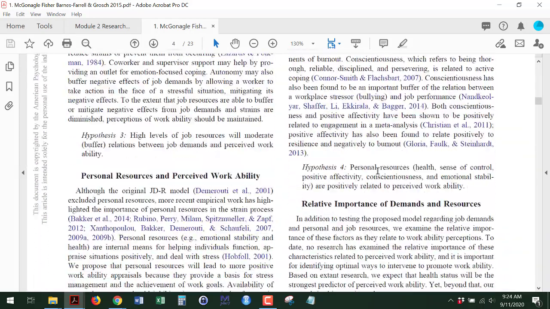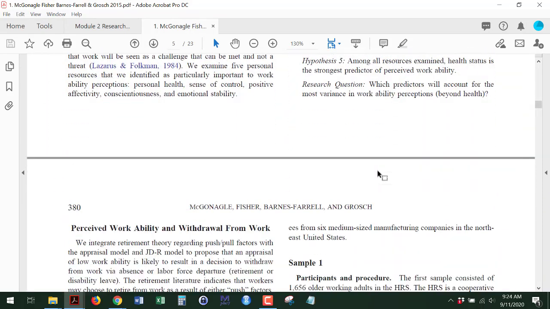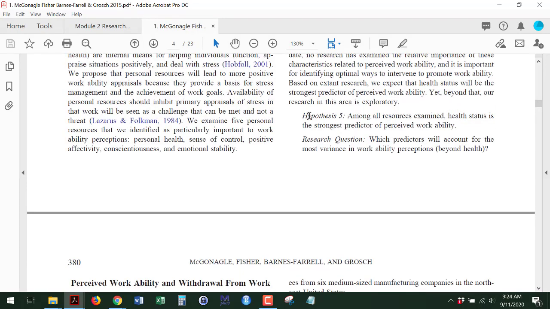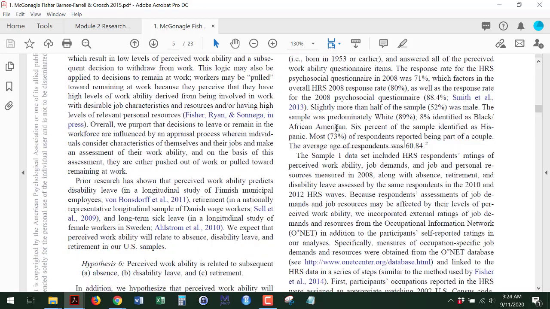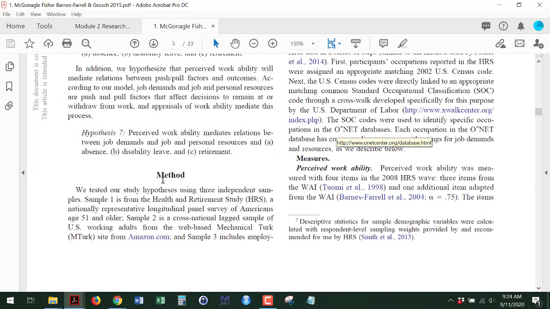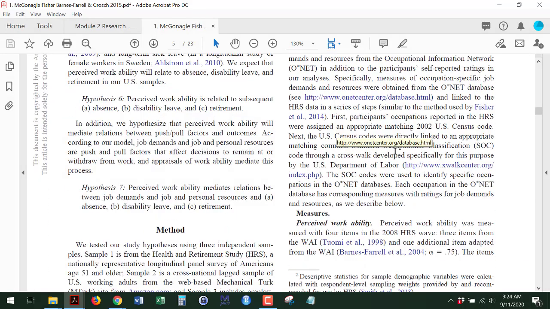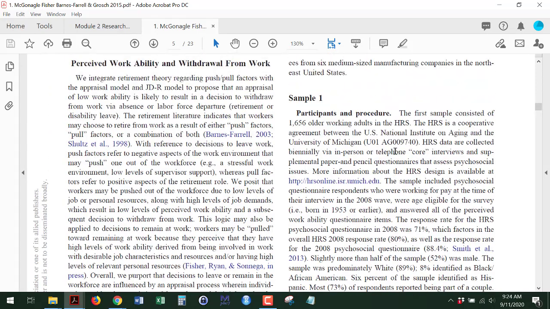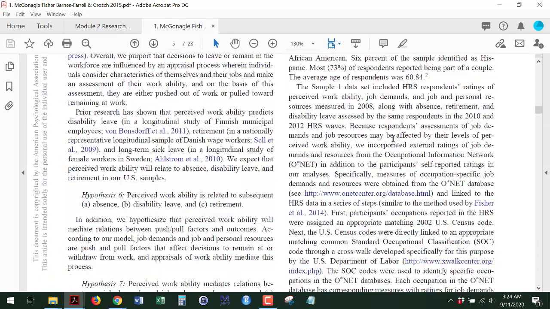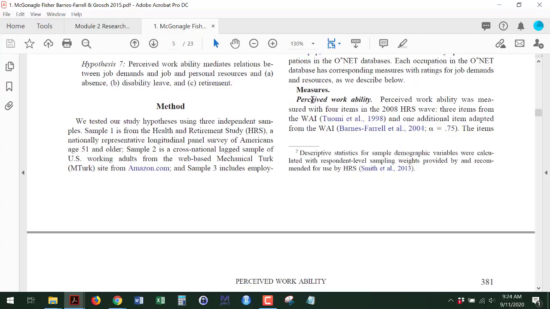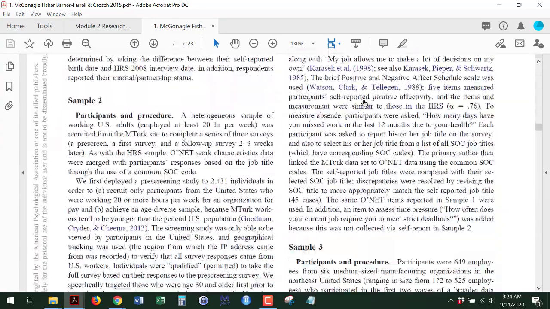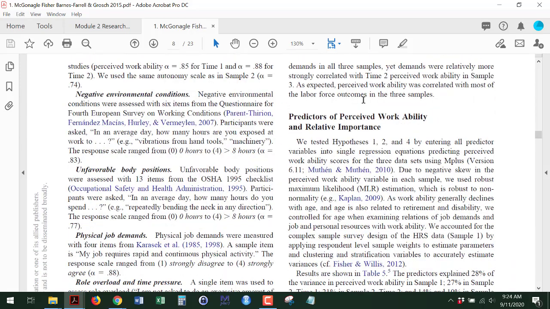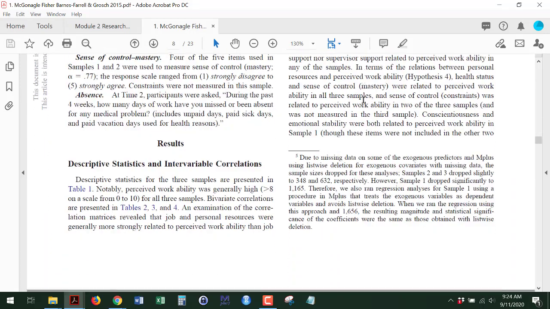So after we finish with the introduction, in which we explain again the theory and our hypotheses, we get into our method. And in the method, we explain what we did to actually study this. So who were the participants in this study? What were the measures or the methods that we used? After the method section, we talk about the results.